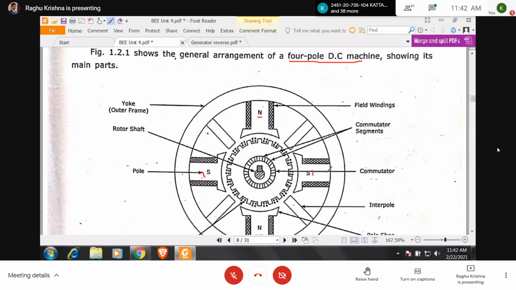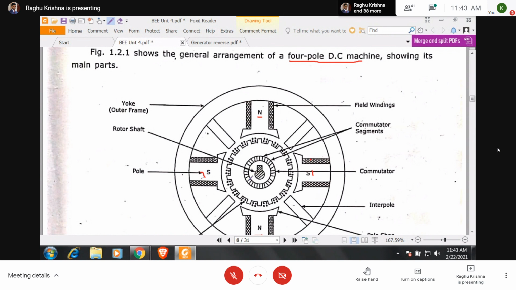On the poles, you are going to have pole winding. These are the windings, so you are going to have a coil like this. Due to these coils, you are going to get the magnetic field.